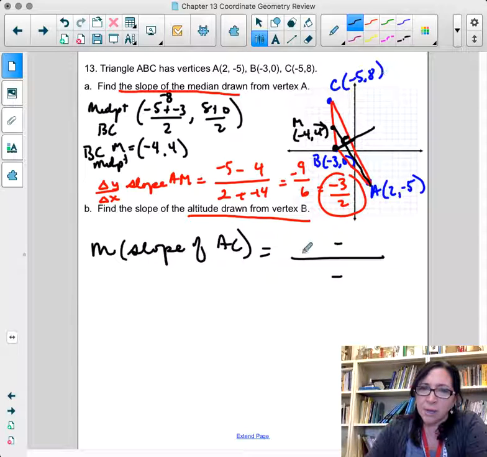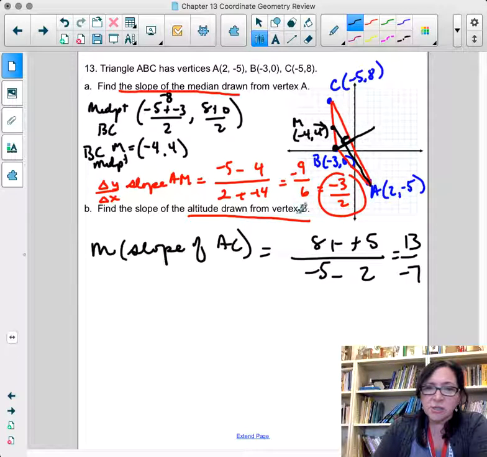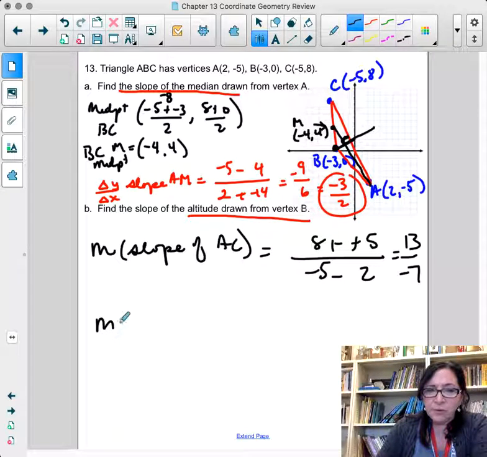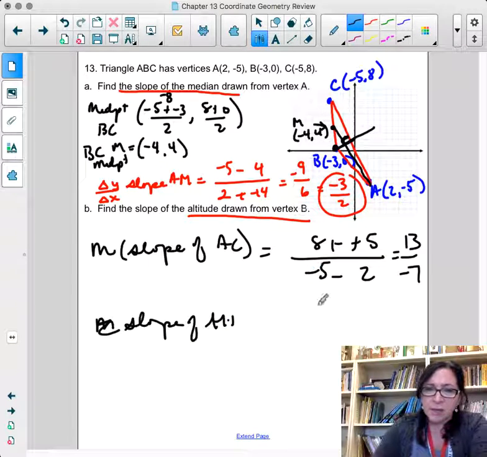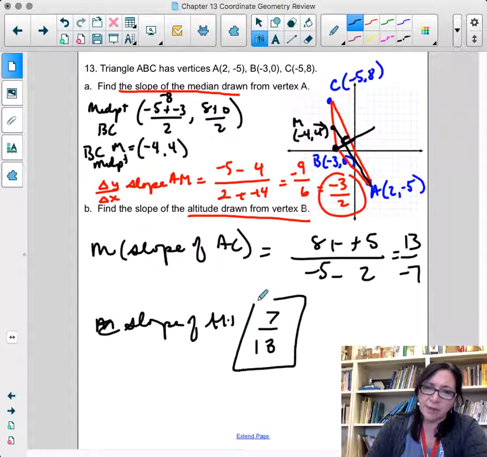We're going to go 8 minus negative 5 over negative 5 minus 2. And so that's going to be 13 over negative 7. So that's the slope of AC. So the slope of the altitude, which is perpendicular, is going to be, flip it over, 7 over positive 13. And so that's my answer.